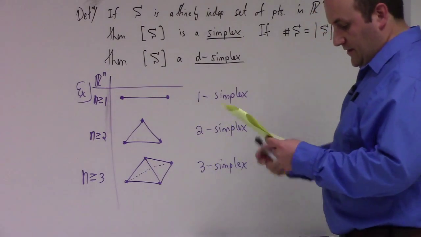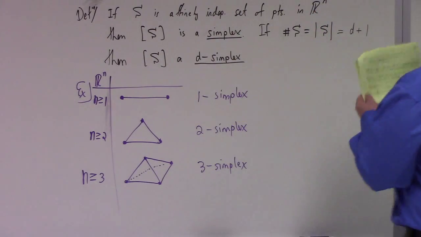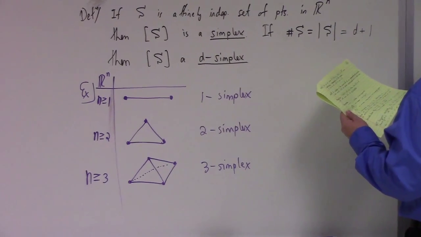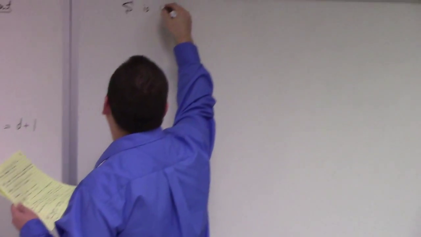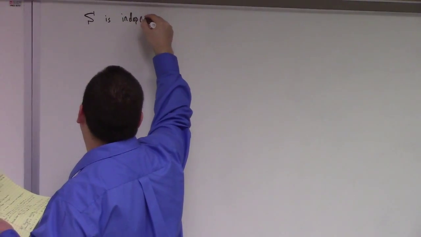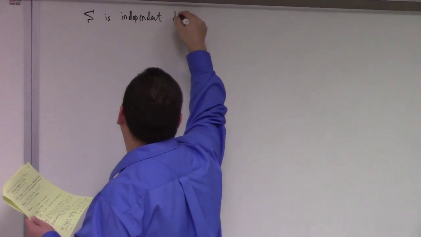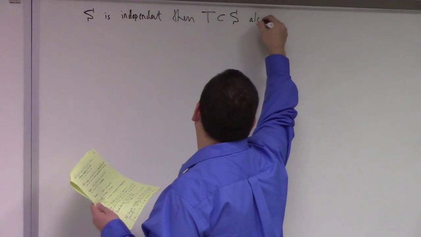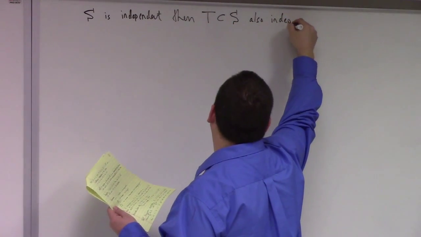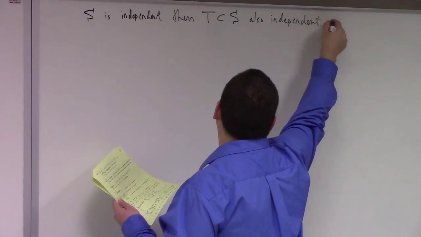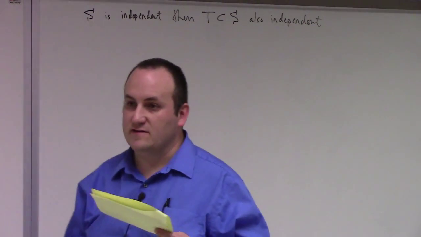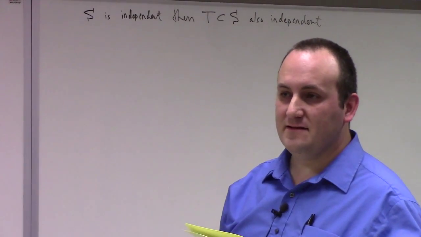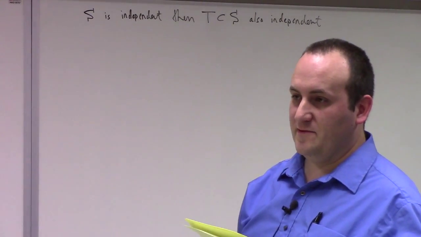Okay, so fun fact: if S is independent, then T, a subset of S, is also independent. Again, I'm talking about affine independence here. That's pretty nice, right? So what does that mean?